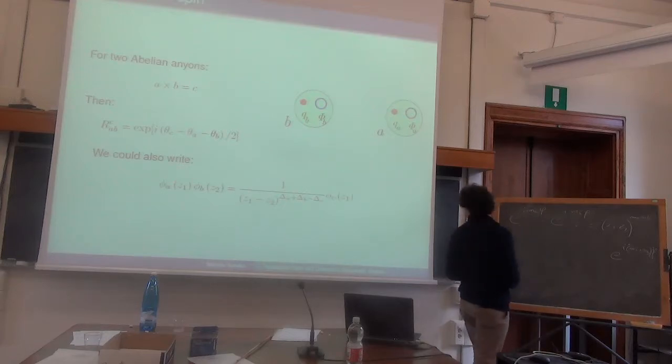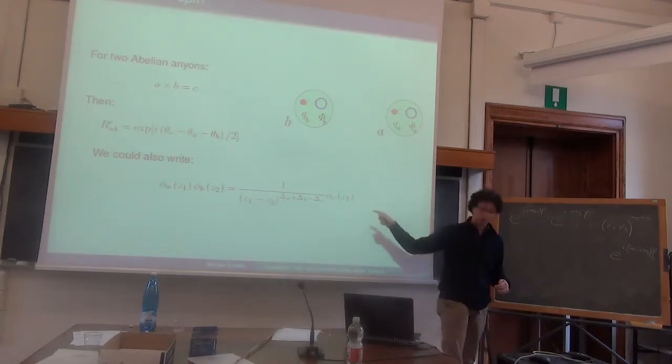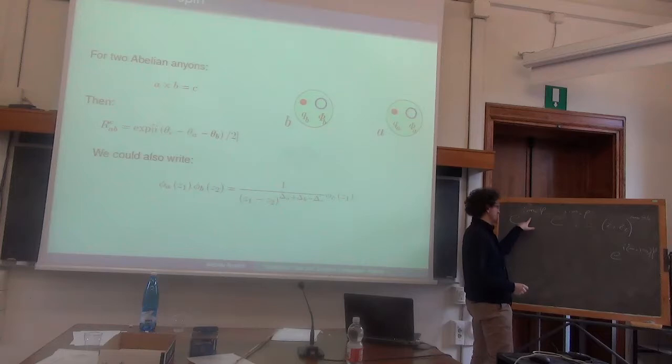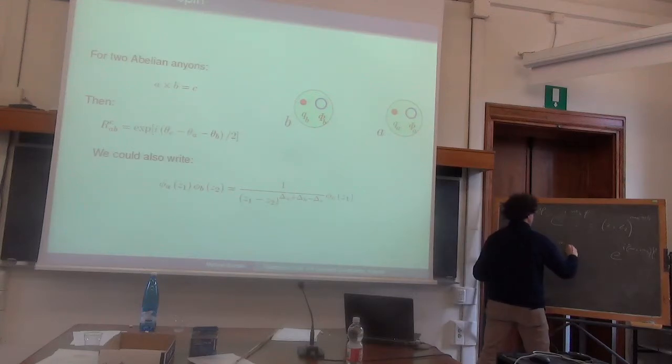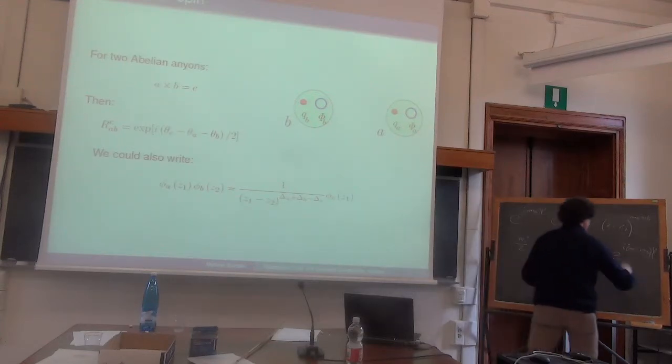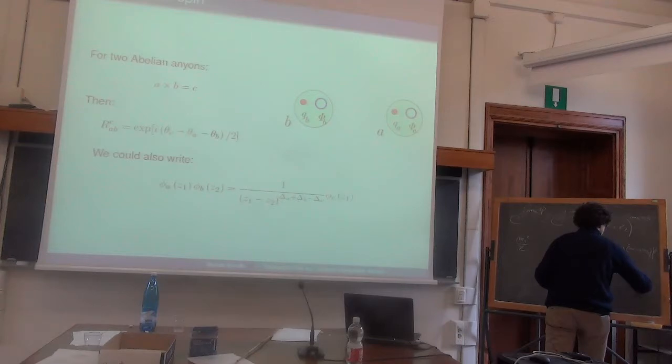And you can recast this relation in that one by observing that the conformal weights of these objects are m_A squared over 2, m_B squared over 2, and (m_A plus m_B) squared over 2.